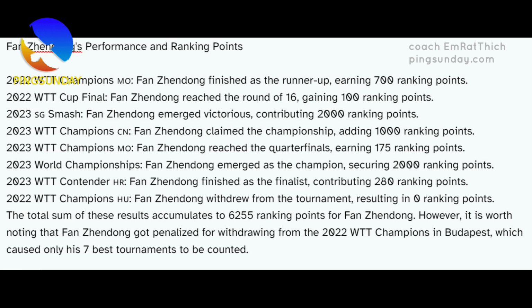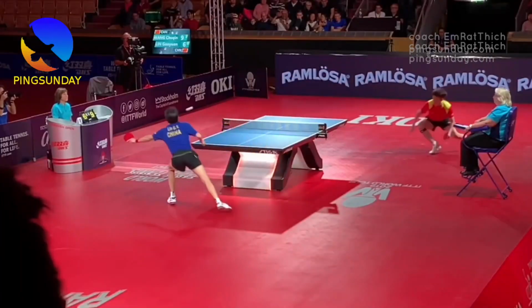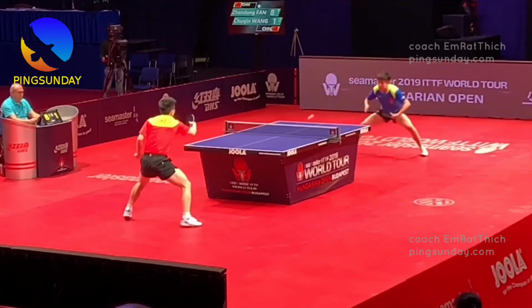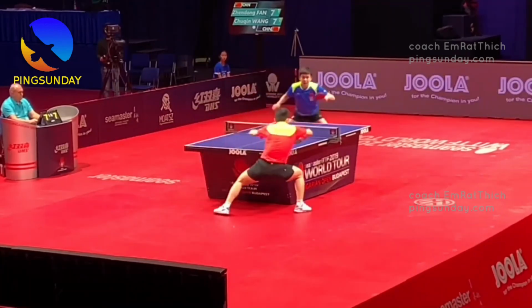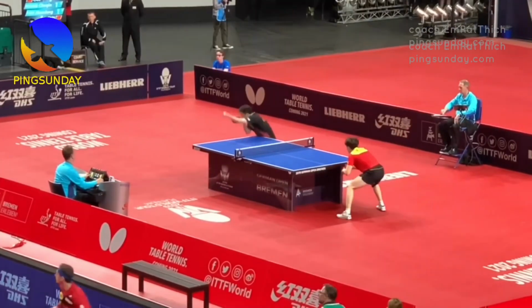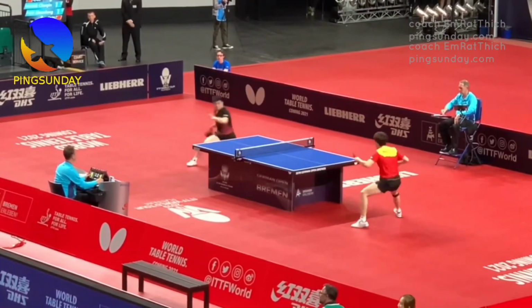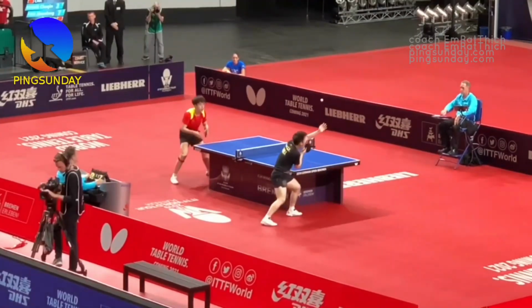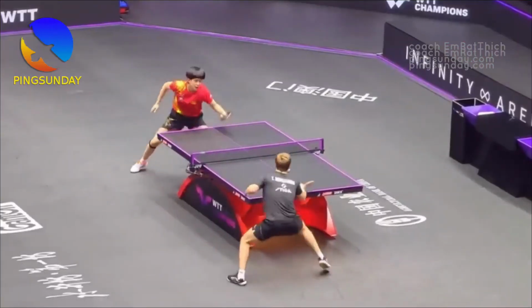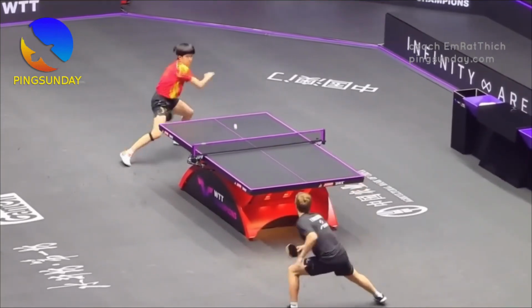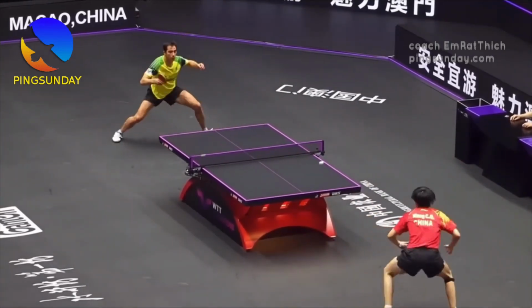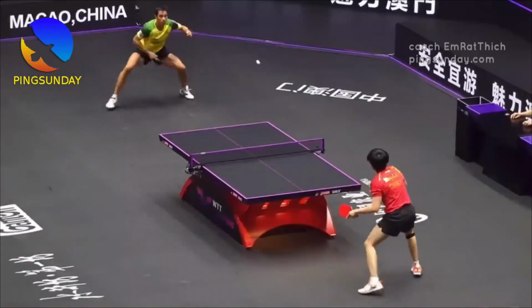Understanding the ranking points system. The WTT ranking points system focuses on participation in matches and the player's performance in tournaments, rather than solely considering the number of tournaments won.